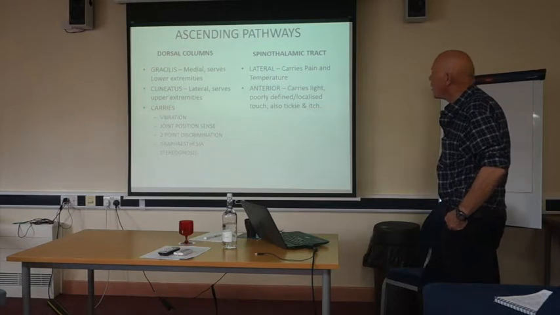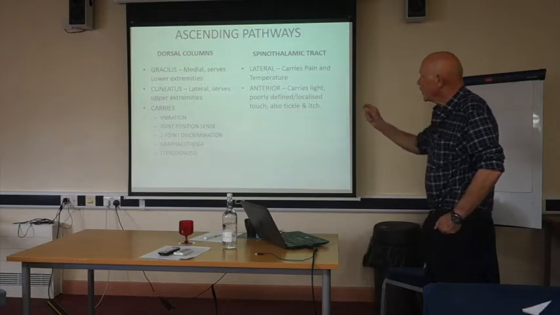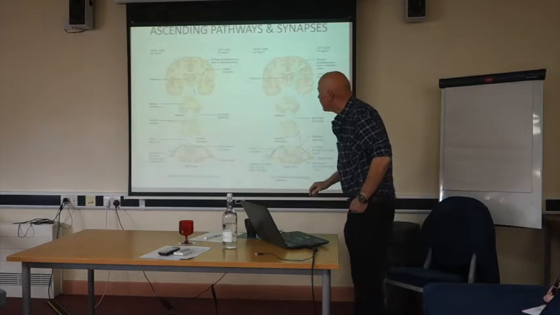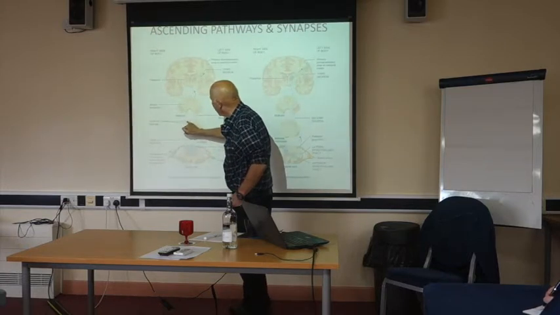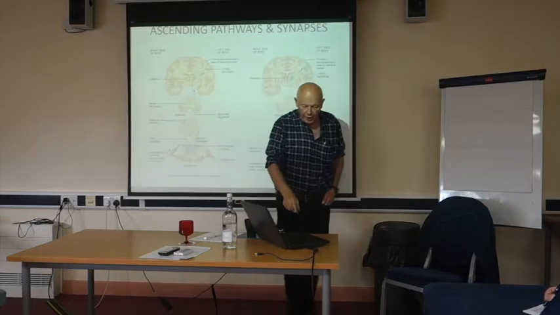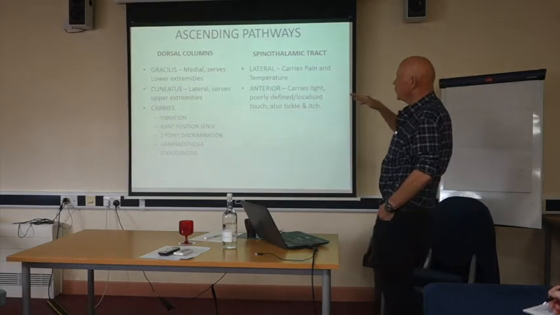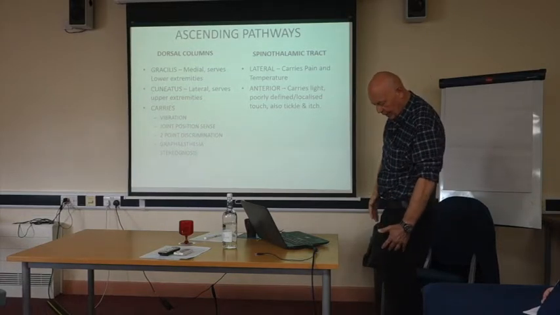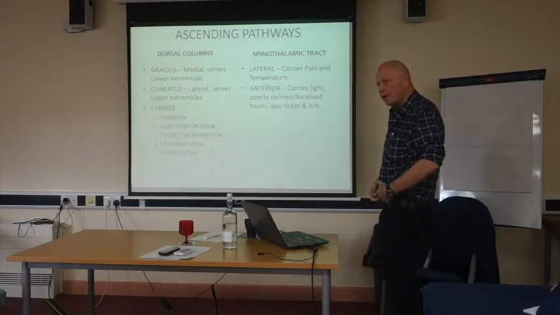So the pathways we've got in the dorsal columns, let me go back one. You've got this one here and this one there, and then the same on the other side. So the medial one is the gracilis, which is the pathway that the fibres going to the dorsal columns from the lower extremities go up.